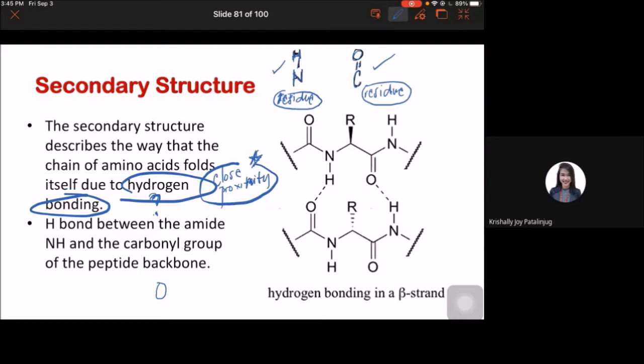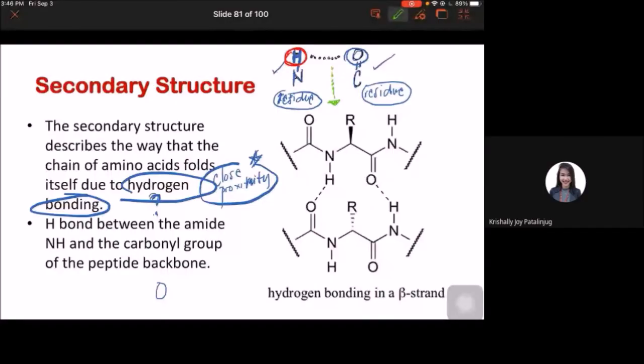Due to folding, when they come close, specifically this hydrogen of the amide NH and the electronegative oxygen, that will form an attraction. What do we call the force of attraction between hydrogen and oxygen? When we say attraction, it is a bond.